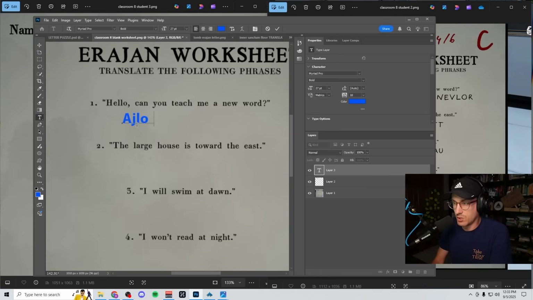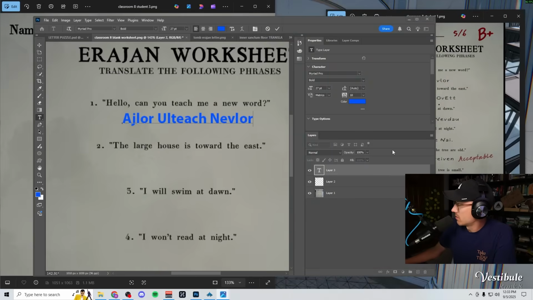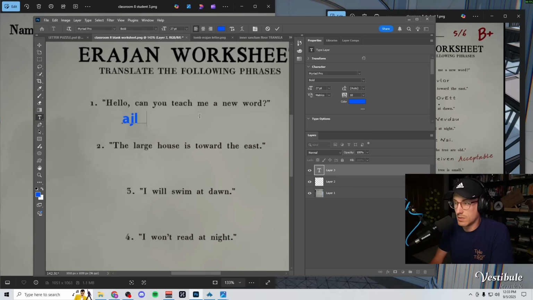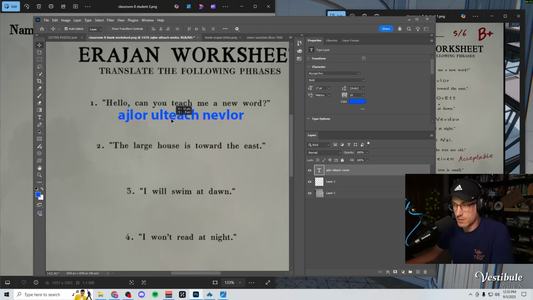We're looking at Ajlor, Ulteach, Nevlor. Probably not in all caps, Ryan. Although they wrote them in all caps, actually. Maybe we'll do it in lowercase. I don't know what the proper capitalization rules are here.